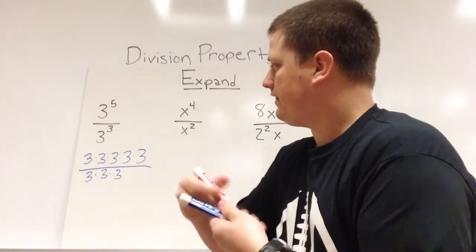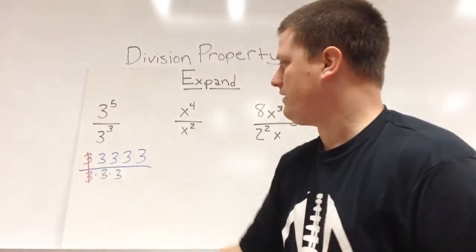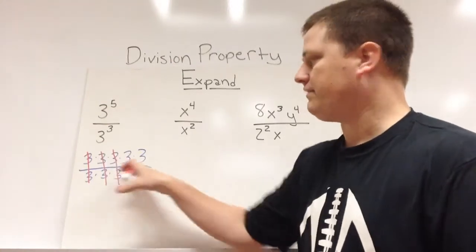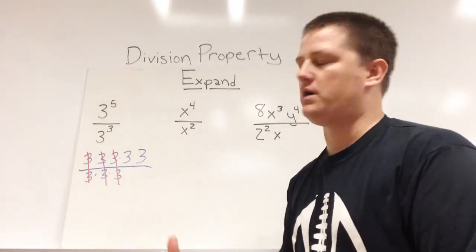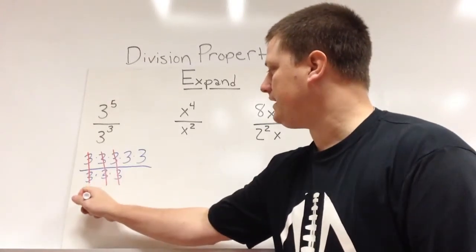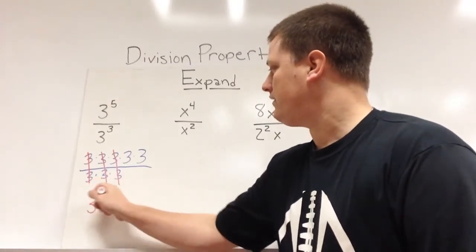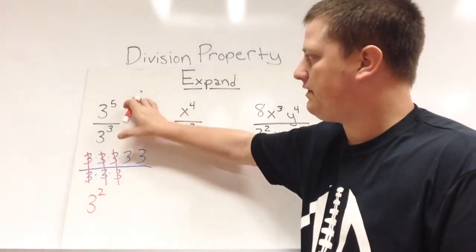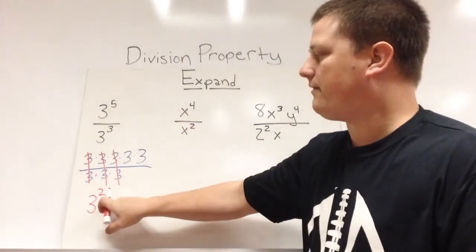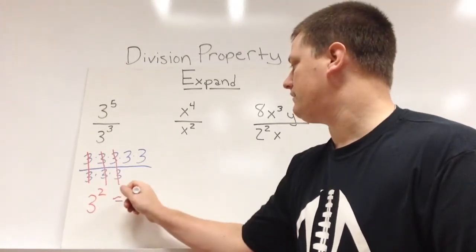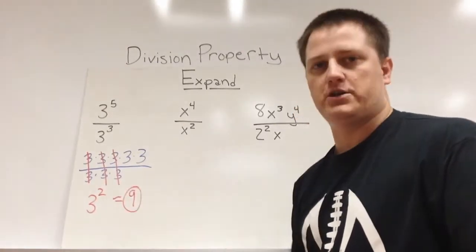So these 3's cancel out, these 3's cancel out, and these cancel out, leaving nothing on the bottom, so it's just a 1 on the bottom, so we don't really need it, and 2 3's on the top, meaning that we have 3 squared. Notice if you see a pattern between 3 to the 5th power and 3 to the 3rd power, giving us 3 squared, which would be 9 in this situation.